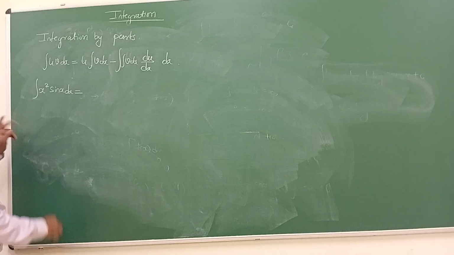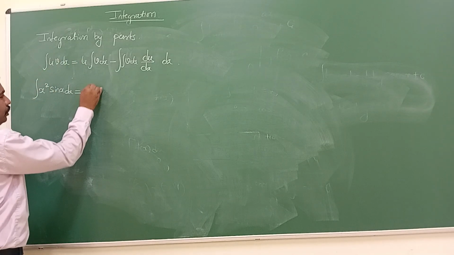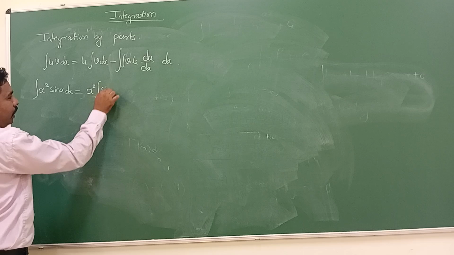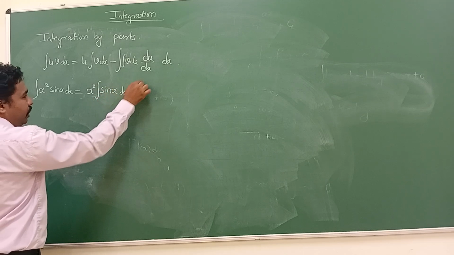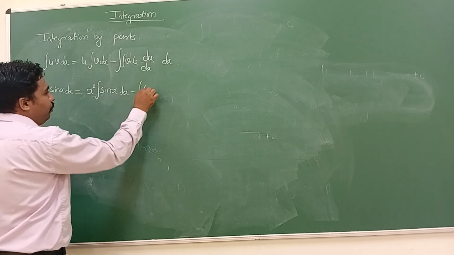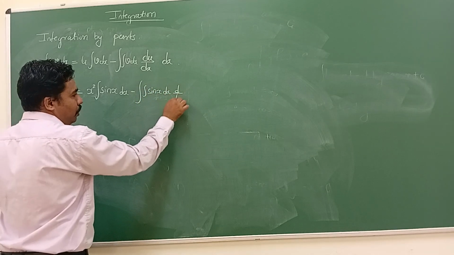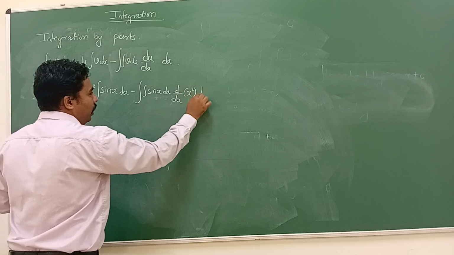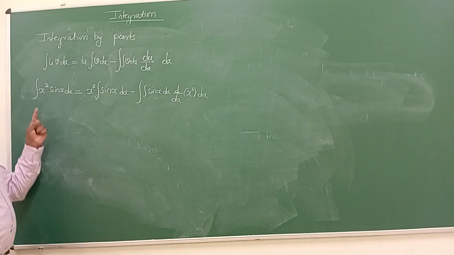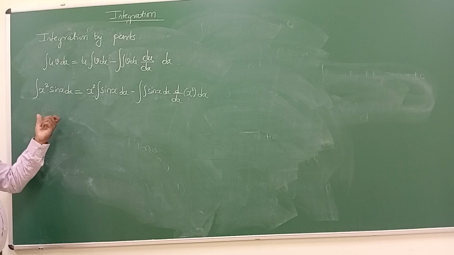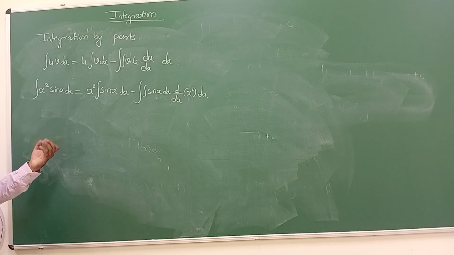So what happens in integration as per this method? It is x square integral of sin x dx minus integration of sin x dx into d by dx of our first term x square into dx. Now how to choose u and v? That is the rule you have.